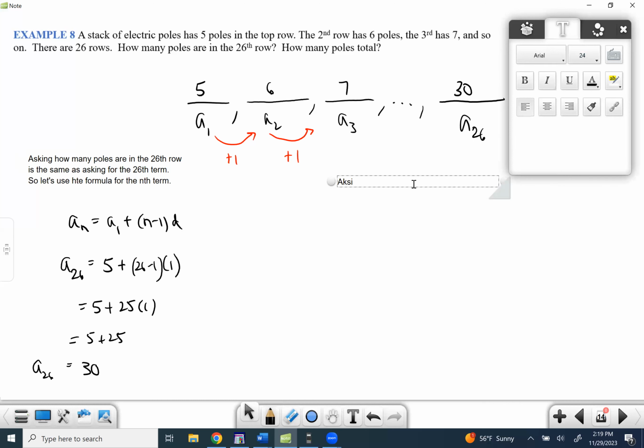Okay, so asking how many poles total is the same as asking us to add up all terms. Okay, so we're going to use the sum formula. Let's use the sum formula from Gauss. All right, so in other words, this.